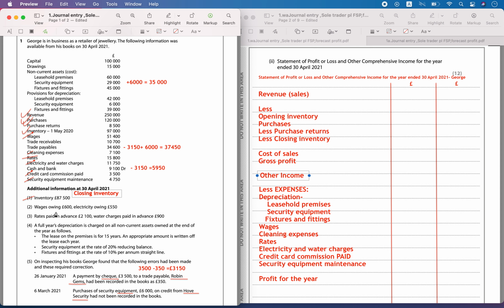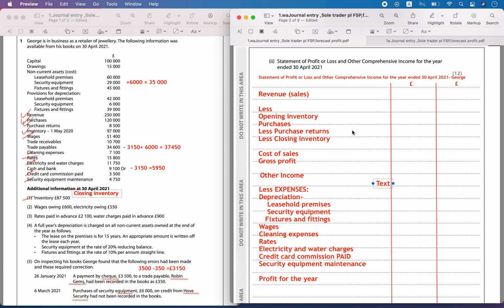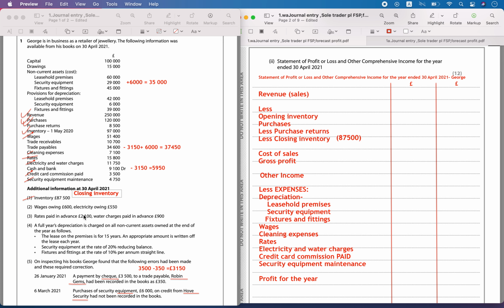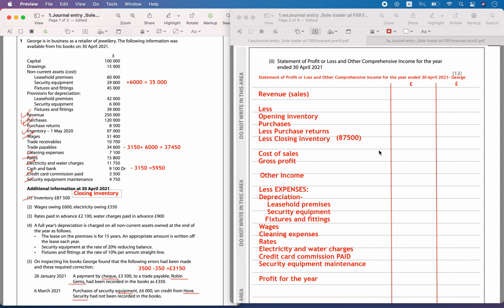So let's write here, the closing inventory was 87,500, and then you have wages owing 600 and electricity owing 550. So let's adjust the wages. We had seen here 51,400.